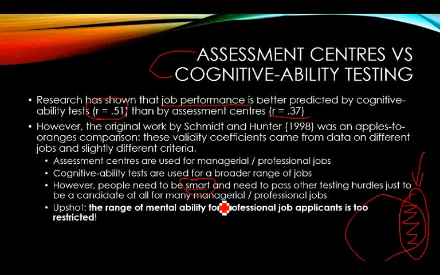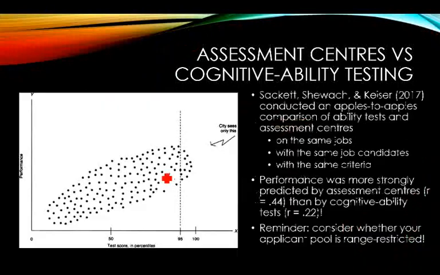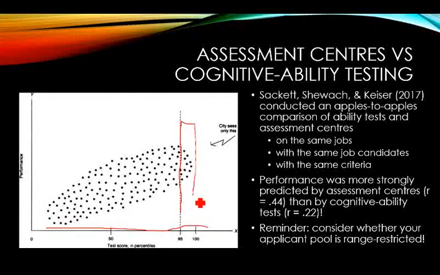Now, what that means is that the range of mental ability for job candidates for these roles tends to be restricted. Here's an example, yeah? Let's say this is the cognitive ability scores for the general population, and then the people who make it to the point where they can be selected in the applicant pool are just these people. Yeah, what we find is there's a lot less range and a lot less relationship between performance and intelligence, yeah?